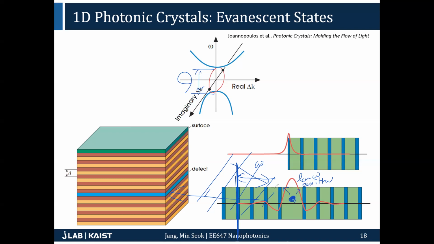Then, if you shine light from this end, even though it exponentially decays as it penetrates into the photonic crystal, it still has some overlap with this defect state, so you can also excite this mode.